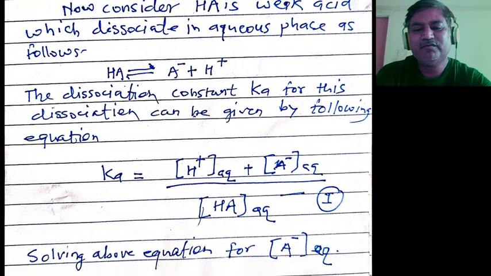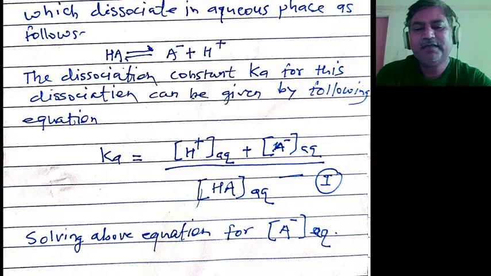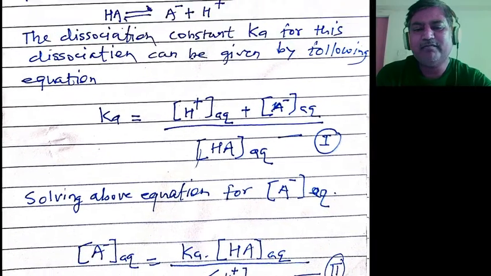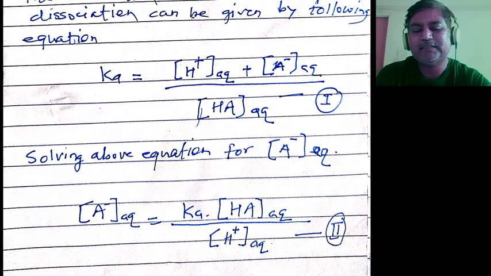The same equation can be modified for A minus. Rearranging the equation first, A minus in aqueous phase is equal to Ka into HA in aqueous phase divided by H plus ions in aqueous phase.